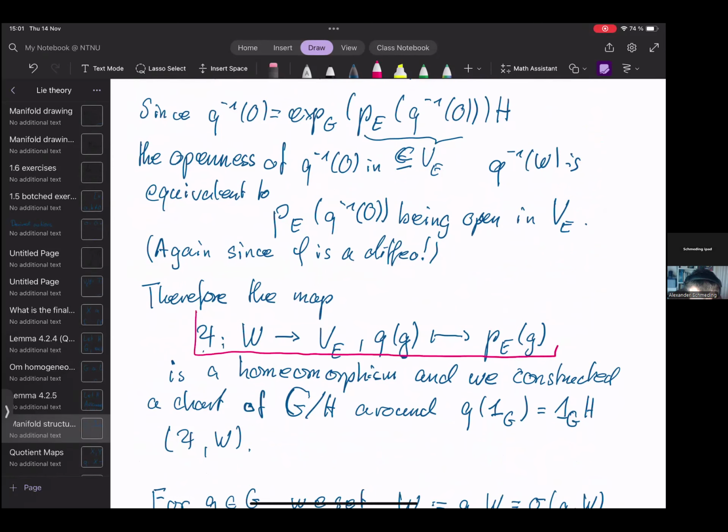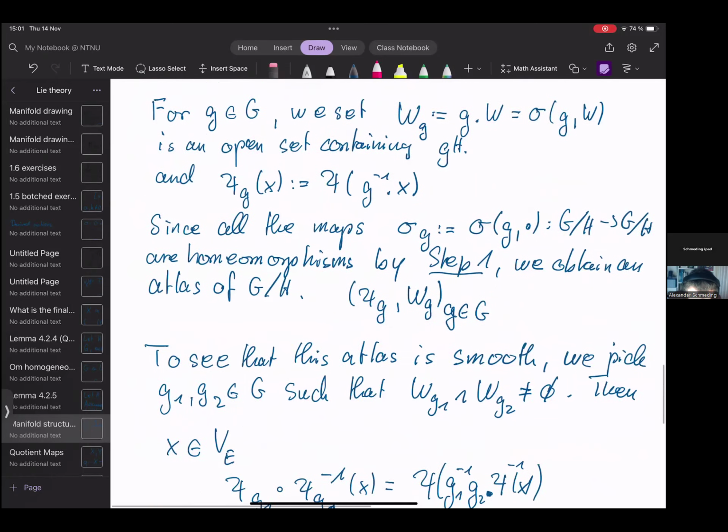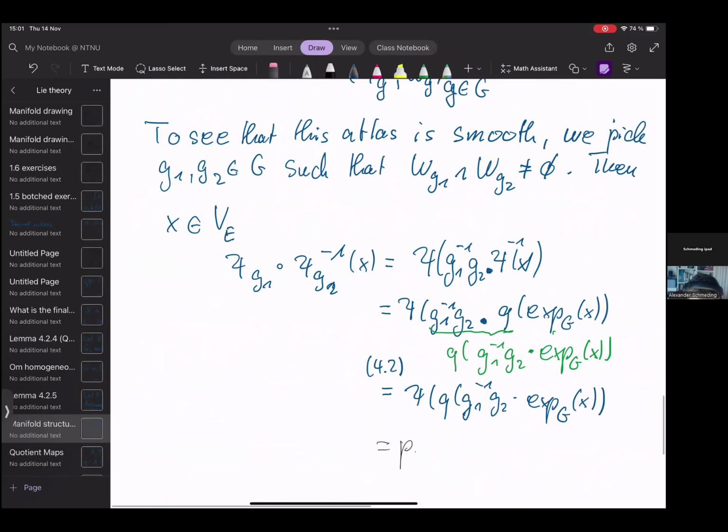So we see that psi of Q of an element is PE of the element without the Q. Okay, great. So this tells us that this is PE of G1 inverse G2 multiplied with exp G of X.